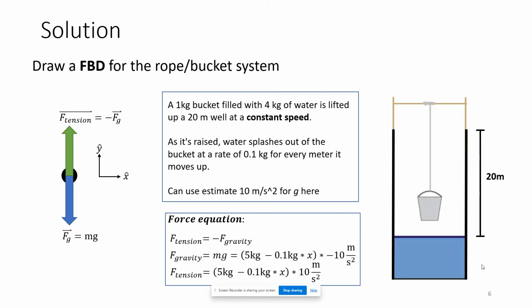So the force of gravity is mg, which is (5 kilograms minus 0.1 kilograms times some x) times negative 10 meters per second squared. If the force of tension is a negative, we just multiply all that by -1. So basically this is saying mg, where we use 10 for g, and m is changing, so it's displacement dependent, so we have an x in there.